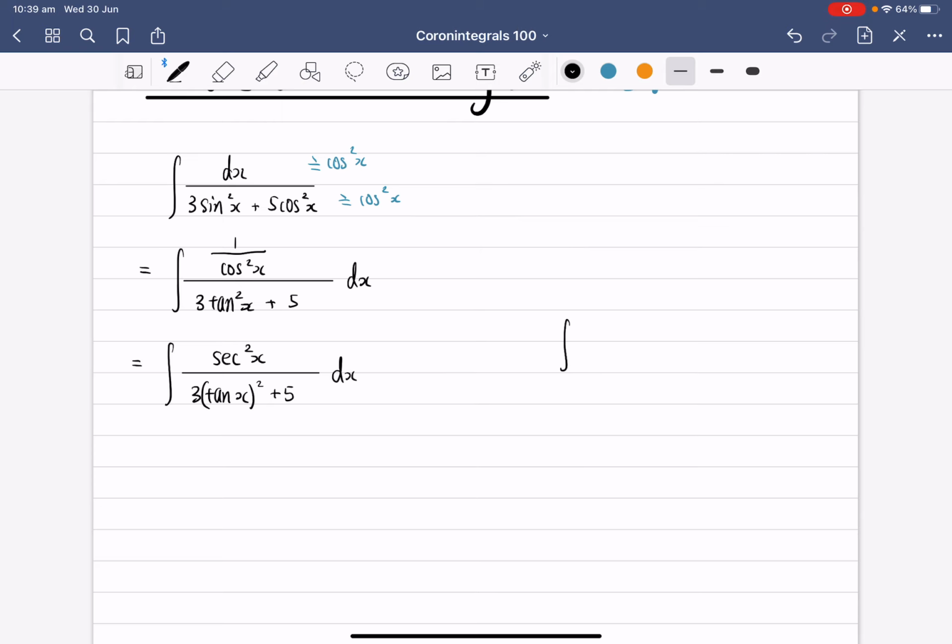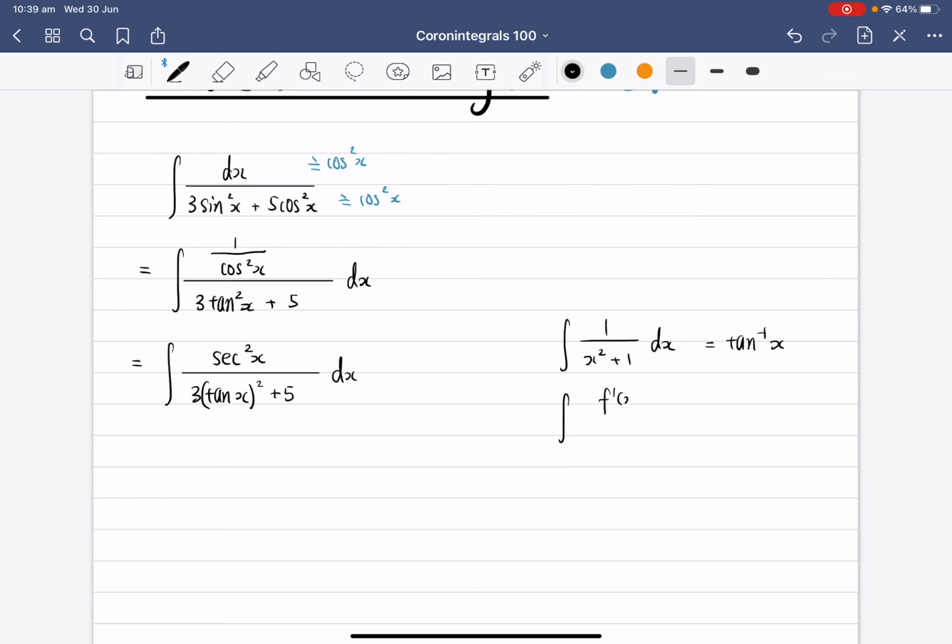Now, remember we know there's one formula here, if it's 1 over x squared plus 1, and then dx, then we know this is the inverse trigonometry integration. So the answer will be inverse tangent x. That should be quite easy to understand. Then we can also change that one into the reverse chain rule.